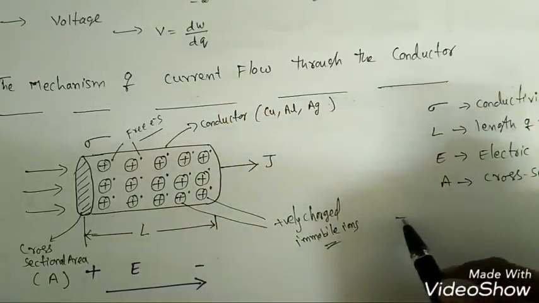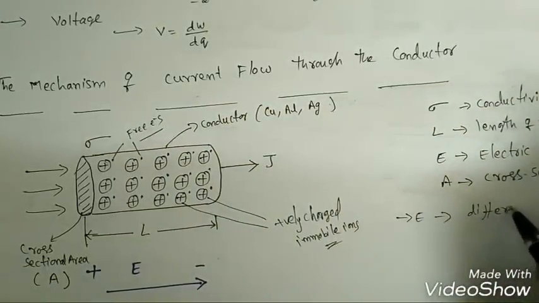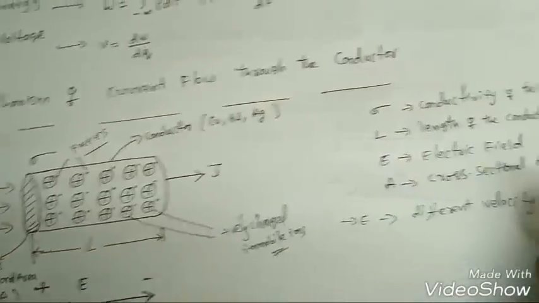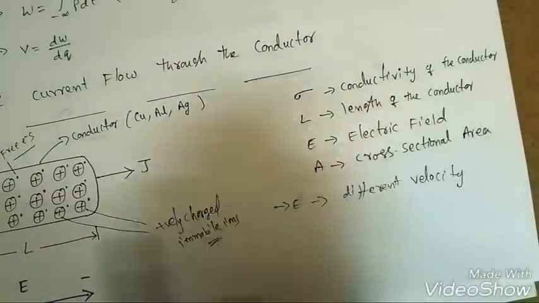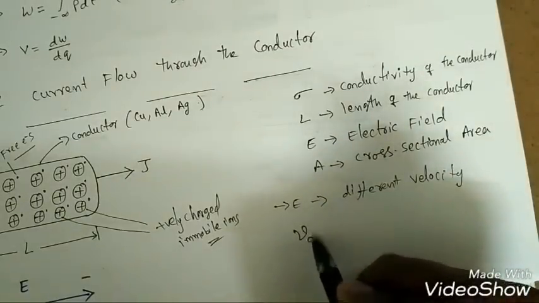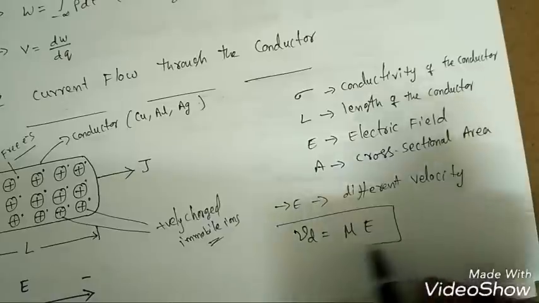The moment we apply the electric field E, we need to take the average velocity of all the electrons, which is called the drift velocity. So Vd is equal to mu into electric field E, right?